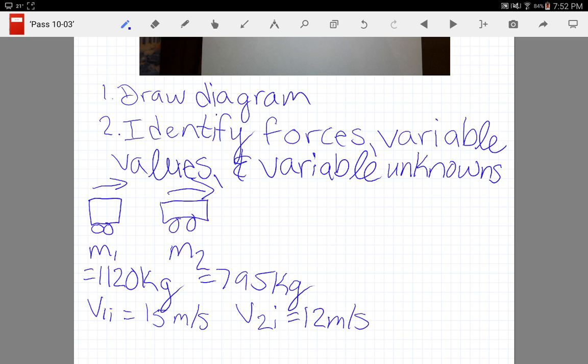So with this problem, it says that the two vehicles bounce off of each other with no damage done to either car. So what type of collision is this? Okay, so an elastic.